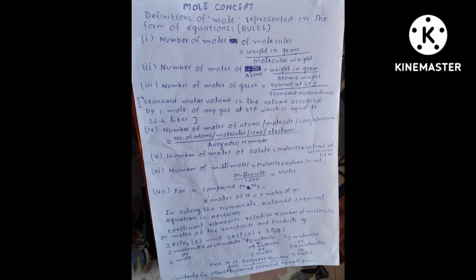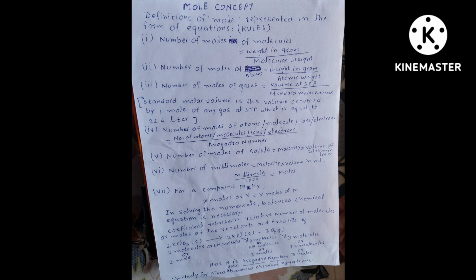H2O means 1 into 2, because 2 hydrogen is there, roughly 1.008 we are taking as 1 only, plus 16. Oxygen atomic mass is 16. Then it becomes 2 plus 16, 18. 18 is the molecular mass.